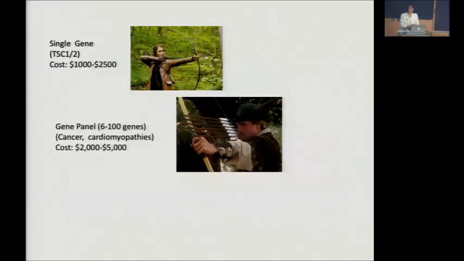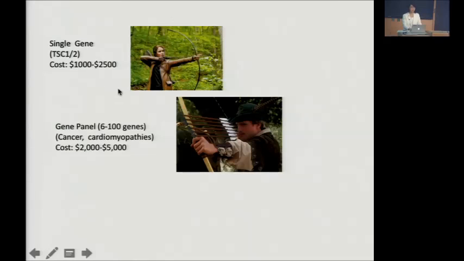Okay. So in the past, most genetic testing was on the order of single gene testing. So in other words, we saw a patient, we thought that they had tuberous sclerosis, and we would send two genes that are known to cause tuberous sclerosis. And the cost of this was between $1,000 and $2,000. And so the art of genetics was really in that very precise recognition of unusual phenotypes and being able to hone in on what the patient had.